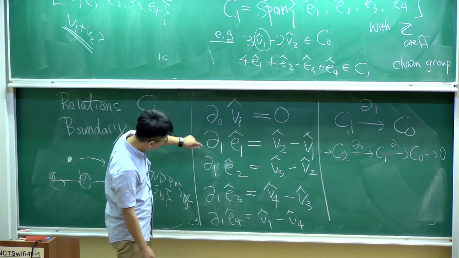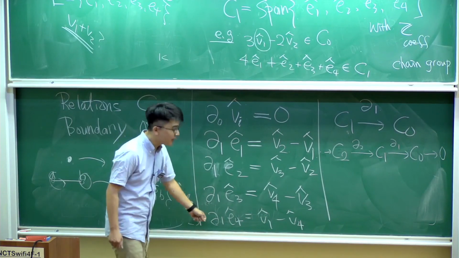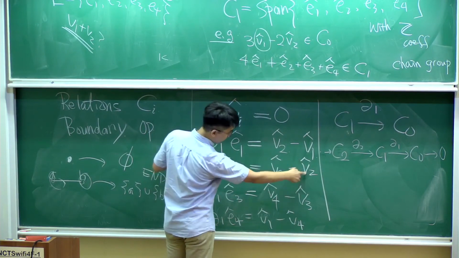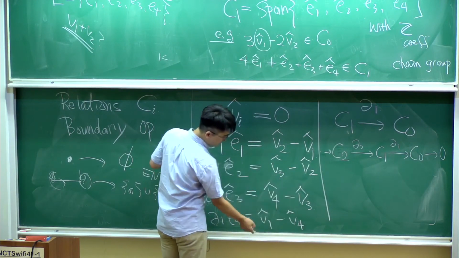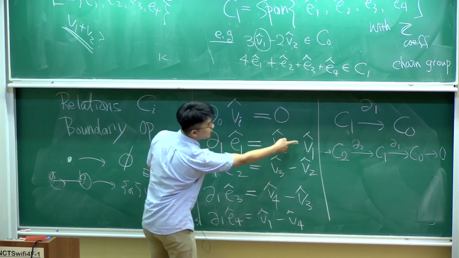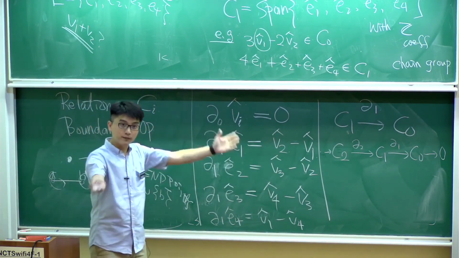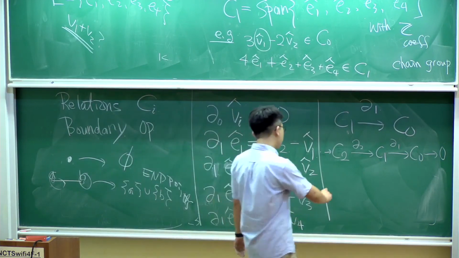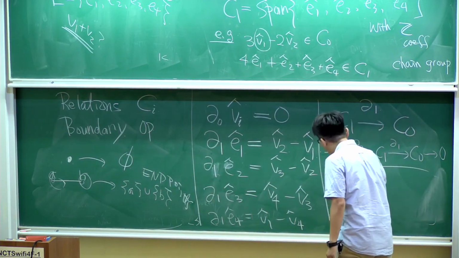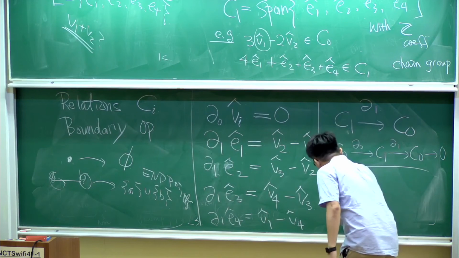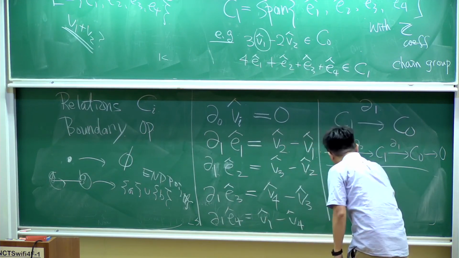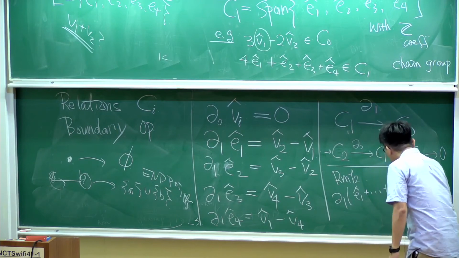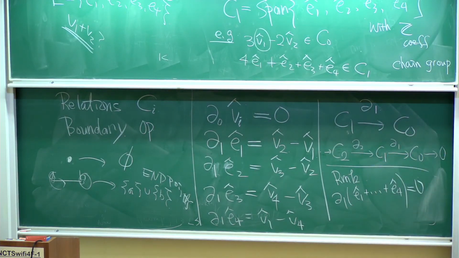If I sum equation 2, 3, 4, and 5, what do you see? Cancel. V3 cancels. V4 cancels. V1 cancels. So you end up with 0. Good? So here is the very important remark. If I sum all of them, E1 until E4, you have a 0.